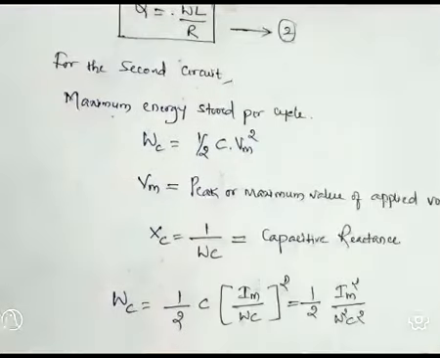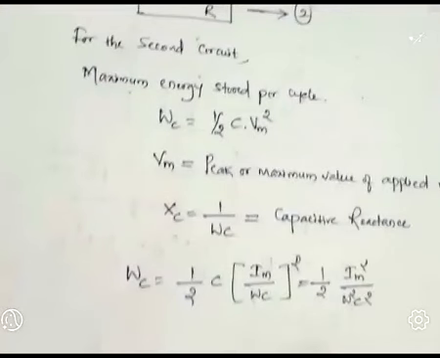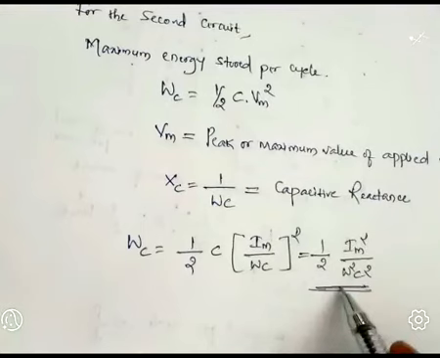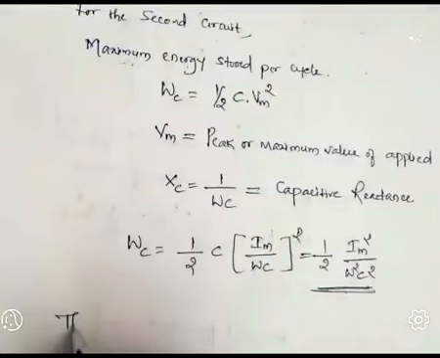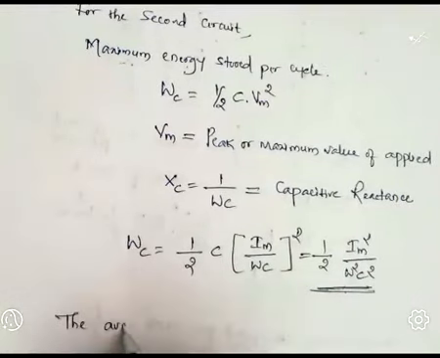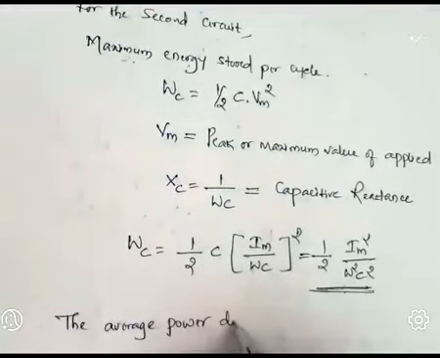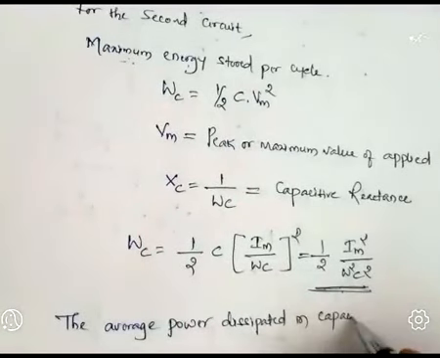That is the maximum energy stored per cycle. Now move on to the calculation of the average power dissipated in the capacitor.